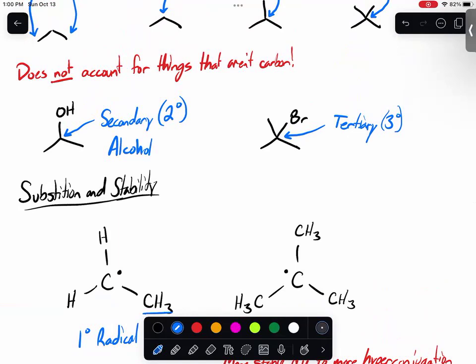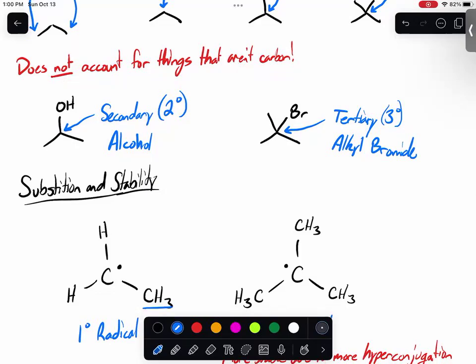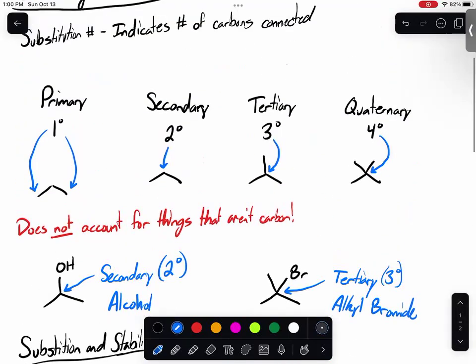We would say that this one on the right here is a tertiary alkyl bromide, because the bromine is on a tertiary carbon. So knowing these substitution patterns, primary, secondary, tertiary, and quaternary, can help you more effectively communicate what you are trying to say when you're identifying things that are stable or functional groups.